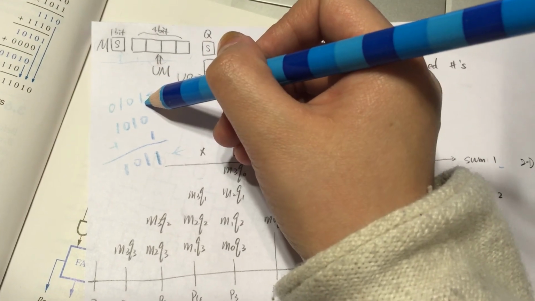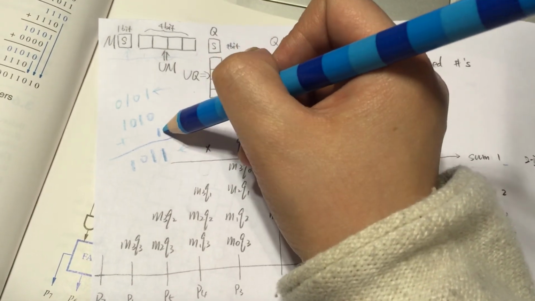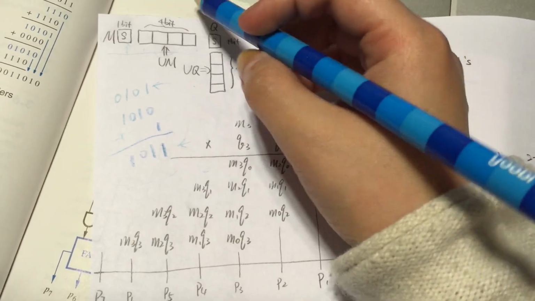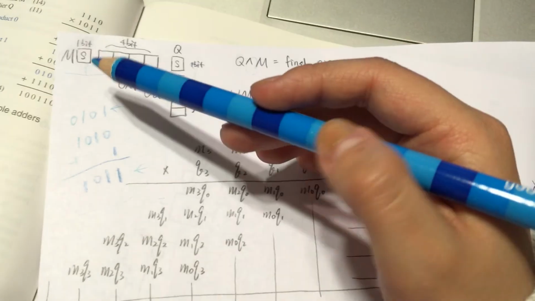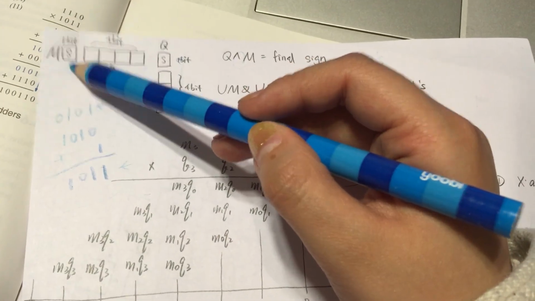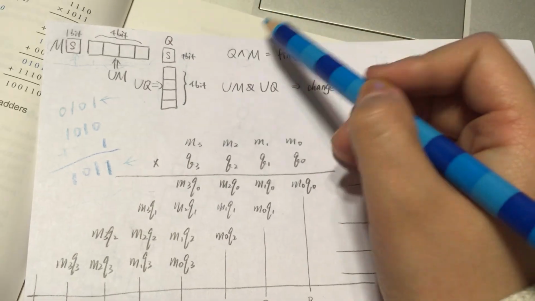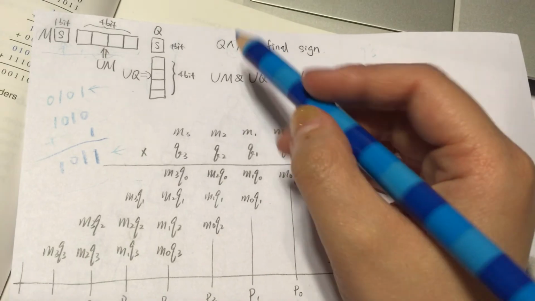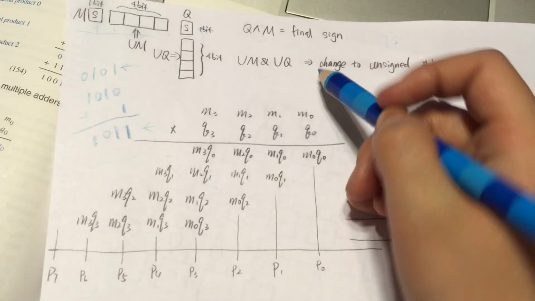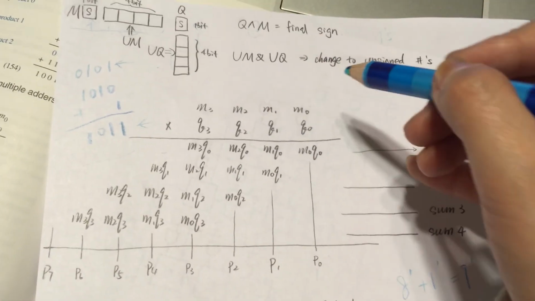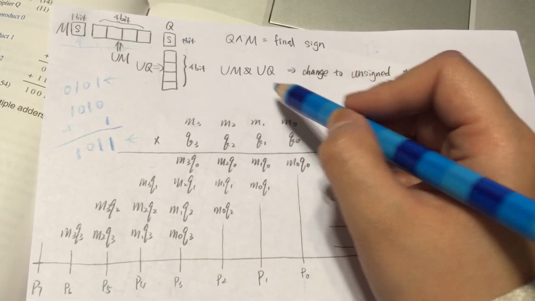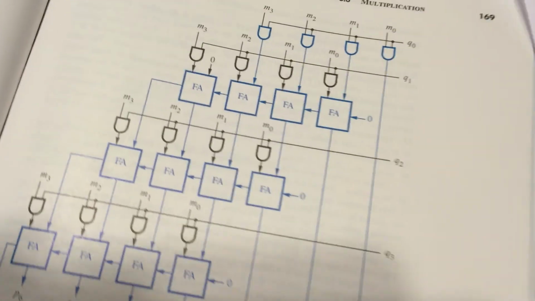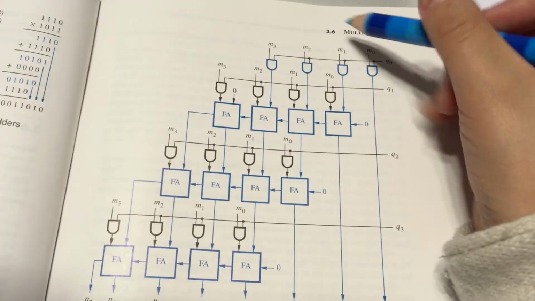So we invert these 4 bits and add 1 to change them to the unsigned magnitude, and then we XOR the sign bit of each number to get the final sign. After we change them to unsigned magnitudes, we use them to compute. The idea of this way is from the book.